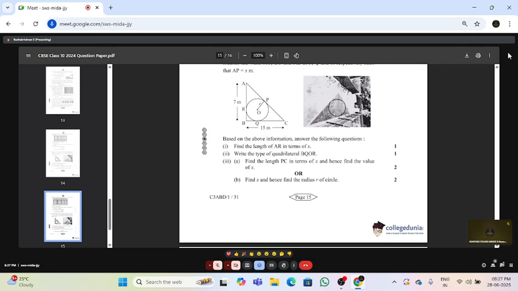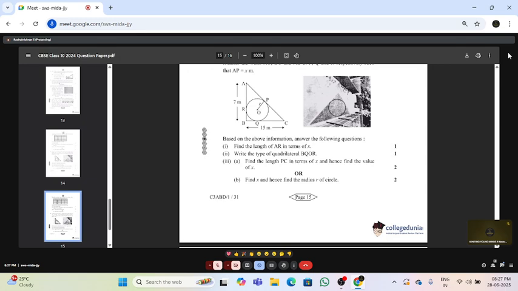And what is the value of AC? We know AC because it says 7 and 15 and it is a right angle triangle. That is the hypotenuse. AB square plus BC square is equal to AC square. So this is the square root of 15 square plus 7 square. So that is your AC, minus x.